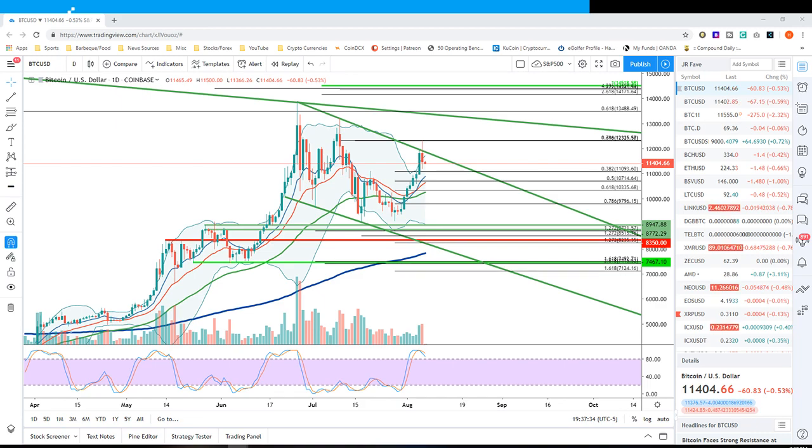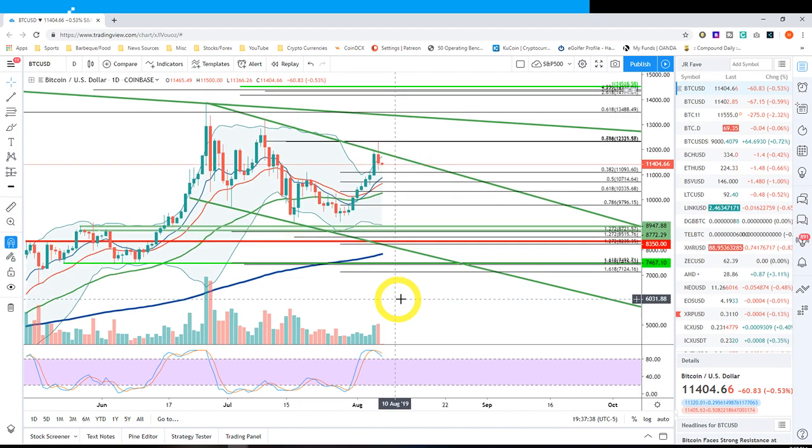Short-term idea on Bitcoin. Again, like I say, I think we're probably going to gravitate back into here a little bit. I would think as long as price holds above this big green candle, as long as it holds above the low of that, that's super bullish, right? And you can see where the 10 EMA is right about there now.